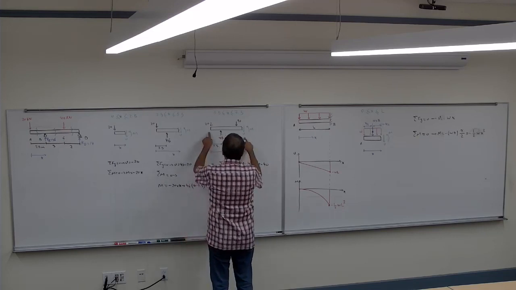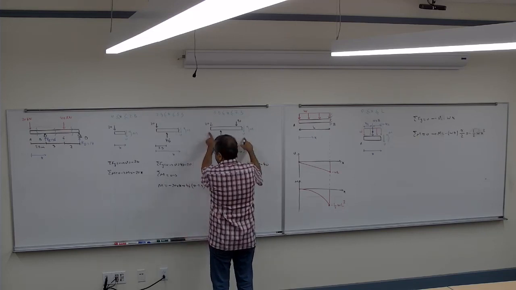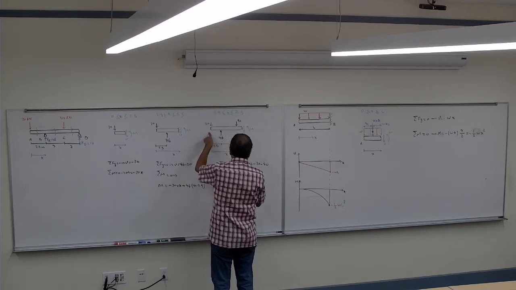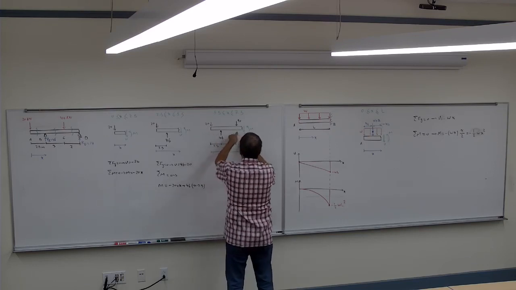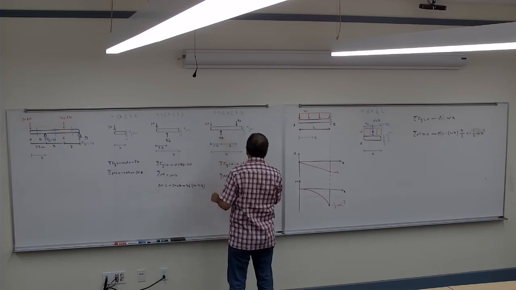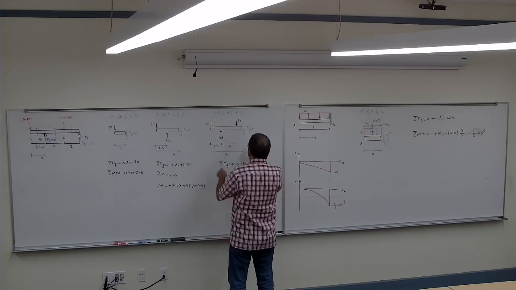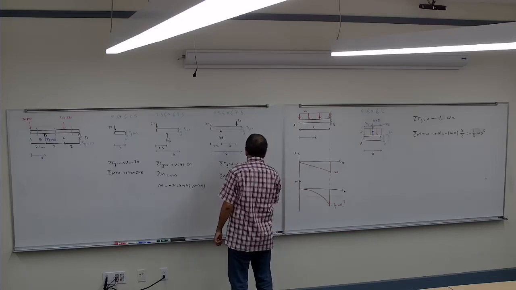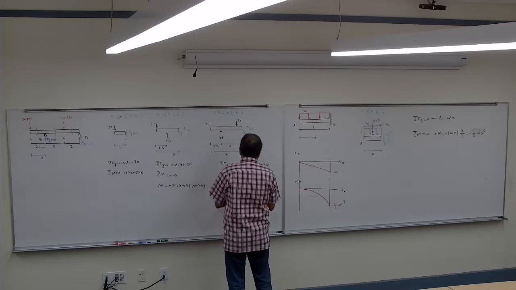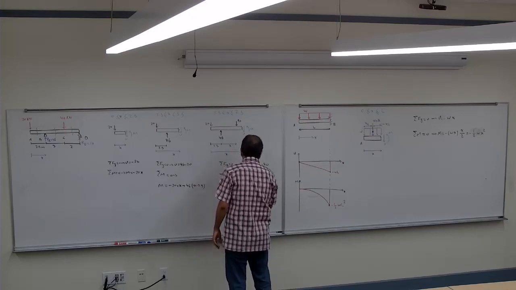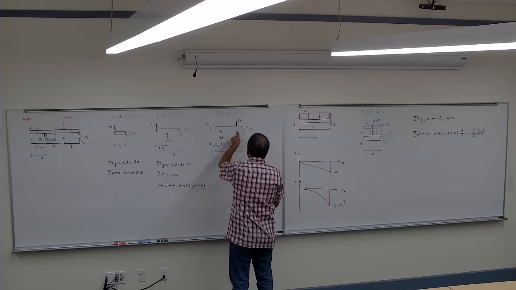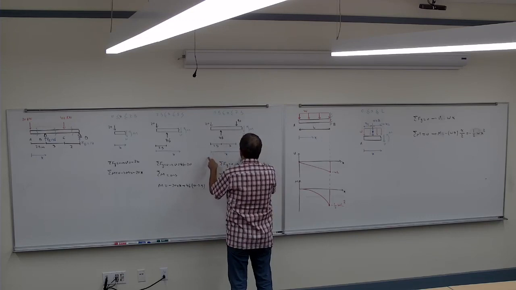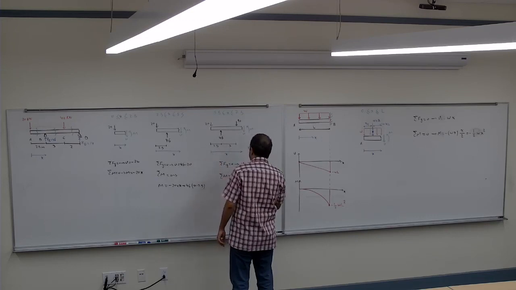Then again here you have M is negative 20x plus 46 times x minus 2.5, minus 40, and the distance is x minus 5.5.